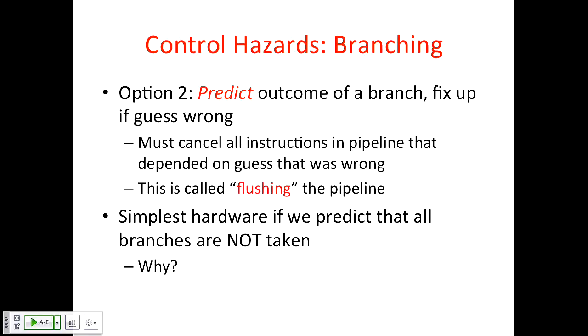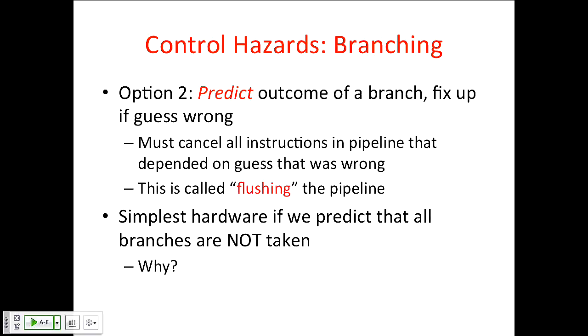It turns out there's a very, very simple form of speculation we can do in our simple pipeline, which is almost what happens anyway if you don't think about it. You always add PC plus 4. If you just keep doing that and don't worry about whether there's a branch or not, in effect you're predicting the branch won't be taken. You're predicting that it'll just fall through and you'll keep running sequentially.